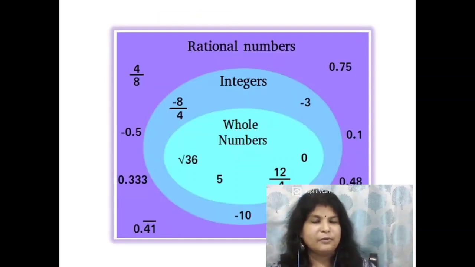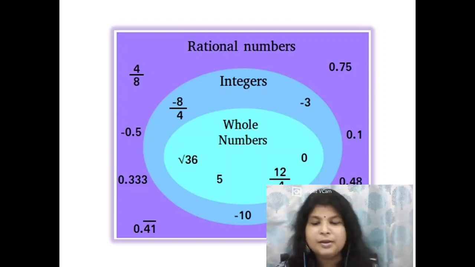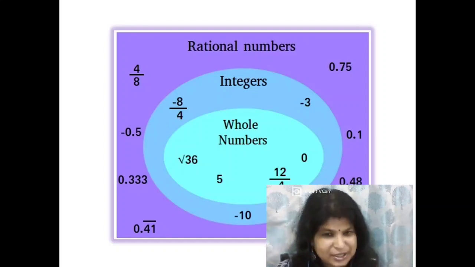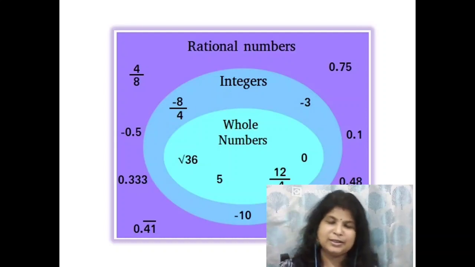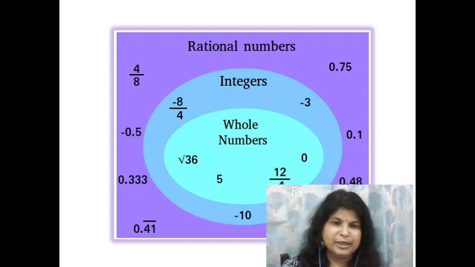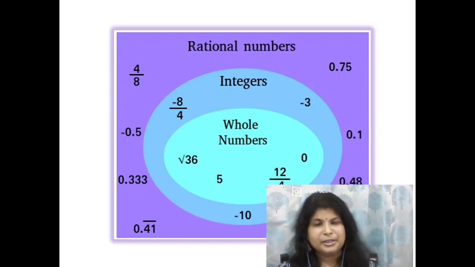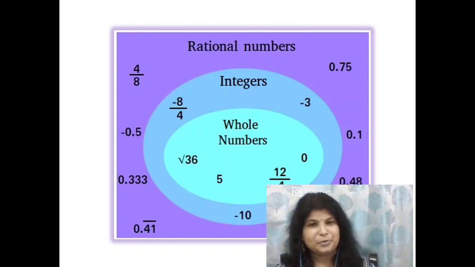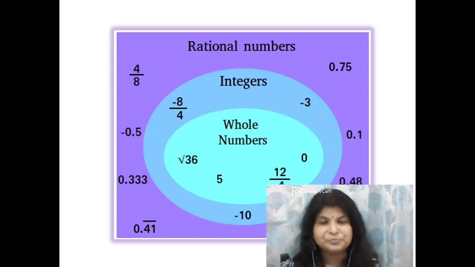Now this is a Venn diagram, or pictorial representation, of what we have learned today. We started with the natural numbers, then we included the zero, that becomes whole numbers, then we included the negative numbers, that becomes integers, which is a combination of positive, negative and zero.